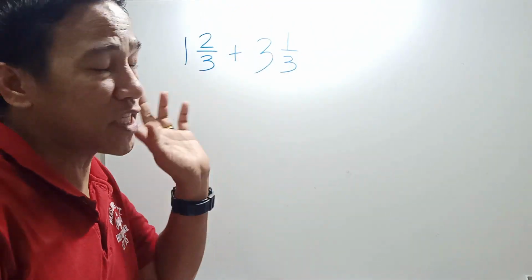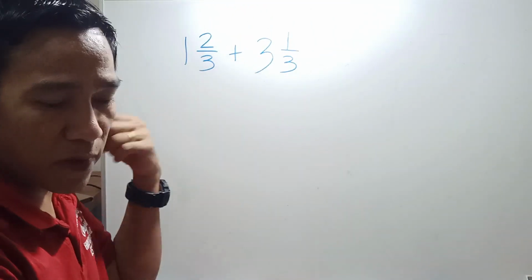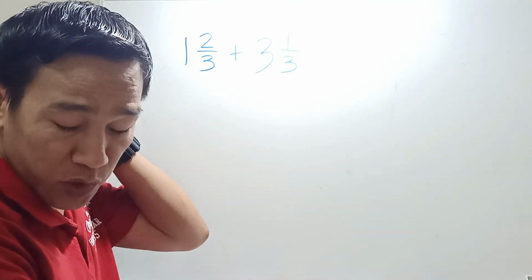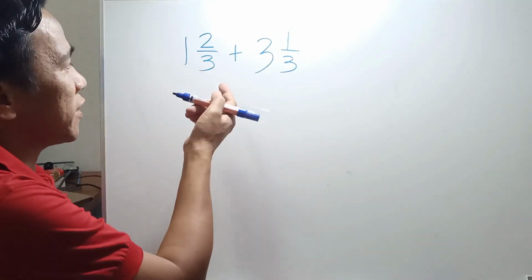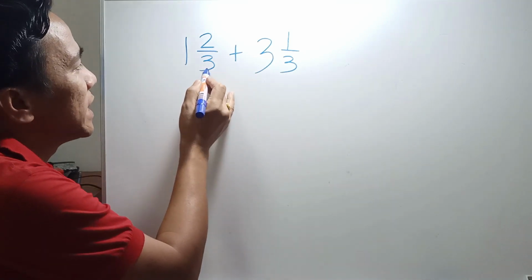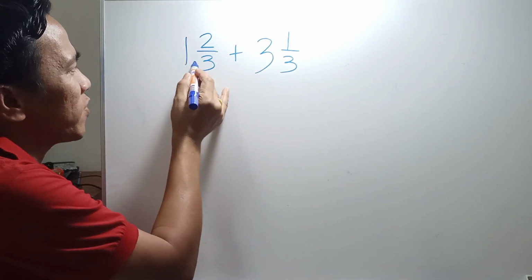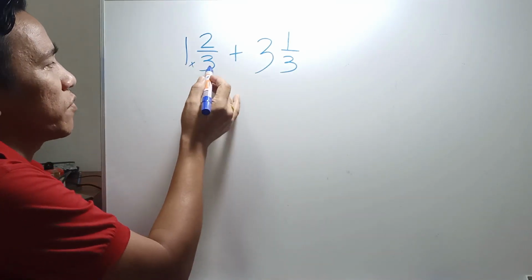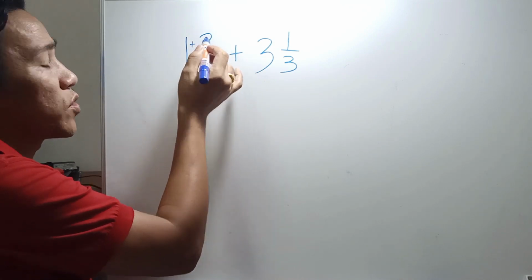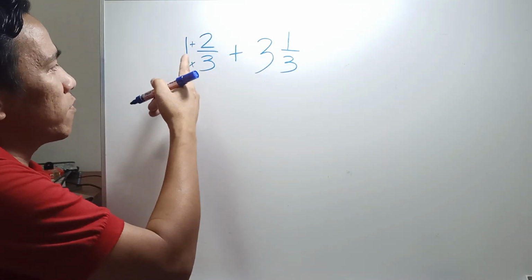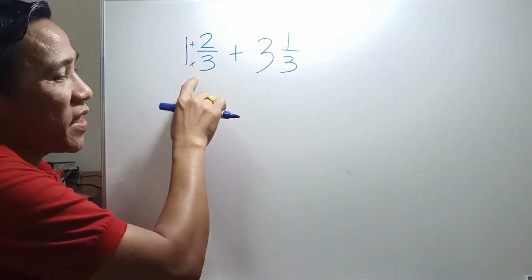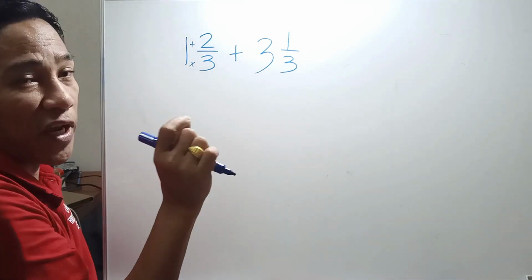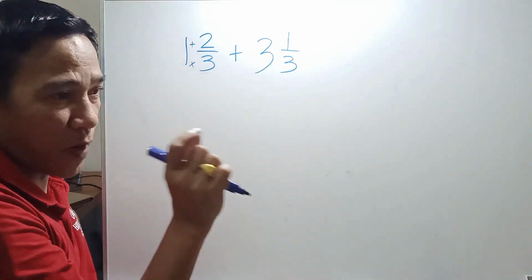For our second method, the same problem, but we are going to use a different way. First step, you just multiply 3 times 1 plus 2. We are converting the mixed number into an improper fraction.